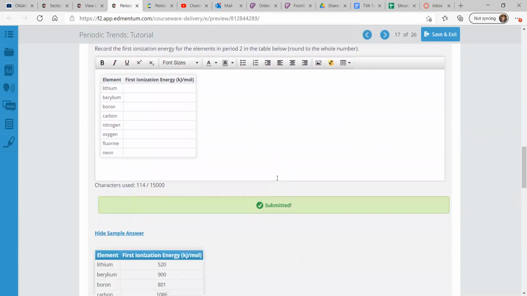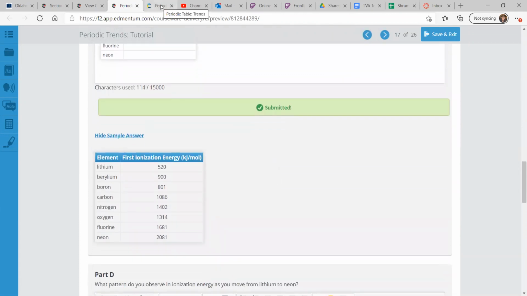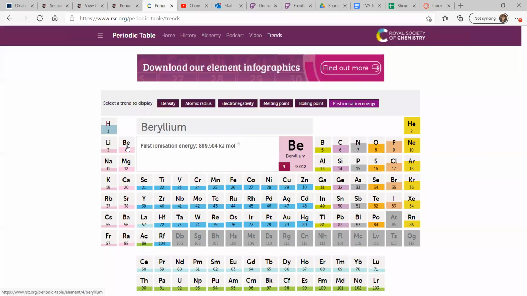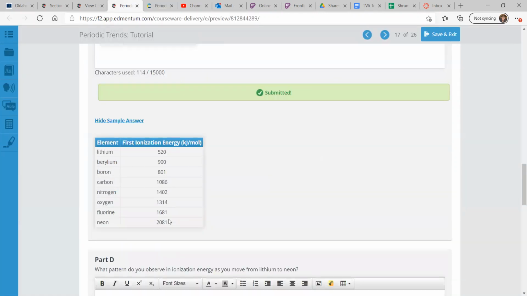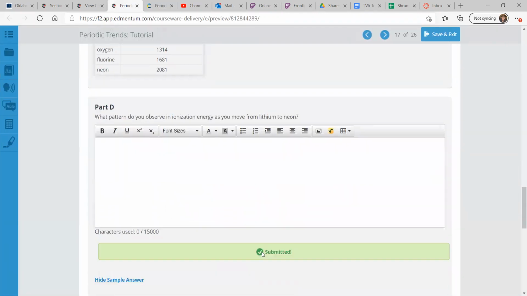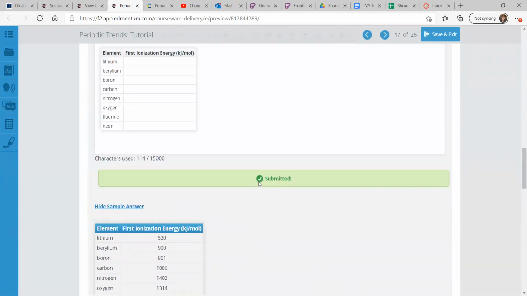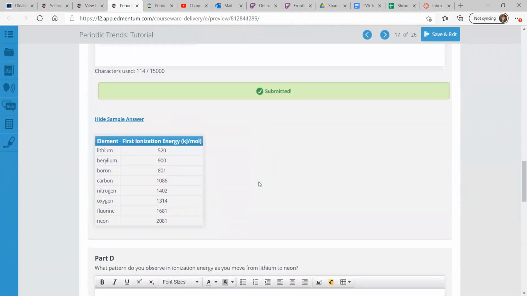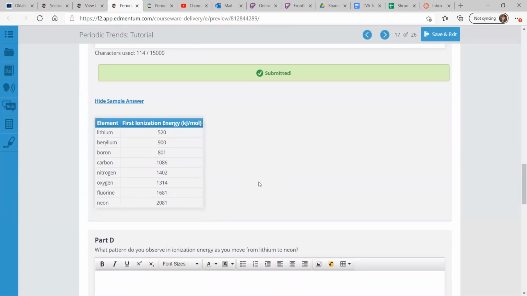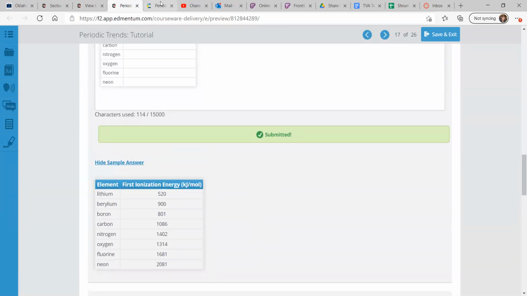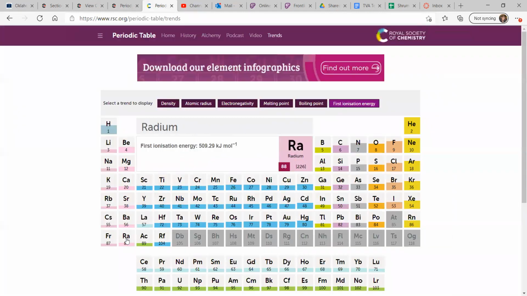You can also do that for period 2. Starts out at 899, 737, 590, 450, 503, 510, or 509, sorry. So what pattern do you see? Oh, sorry. So that's group 2.